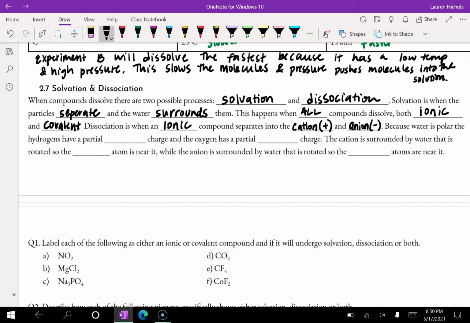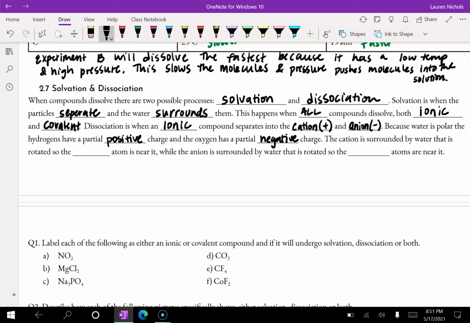And because water is polar, meaning it doesn't share its electrons equally, the oxygen pulls the electrons more, it's a bully. The hydrogens will have a partial positive charge, and oxygen will have a partial negative charge.